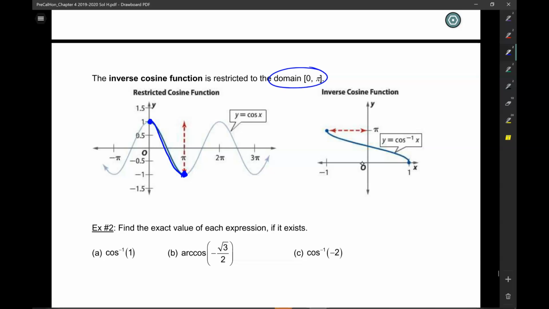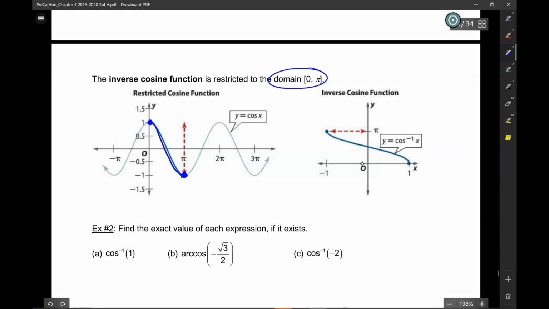So for the inverse cosine on the unit circle, we're going to go from 0 to pi. The angles that are included are 0, pi over 6, pi over 4, pi over 3, pi over 2, and then 2 pi over 3, 3 pi over 4, 5 pi over 6, and pi.